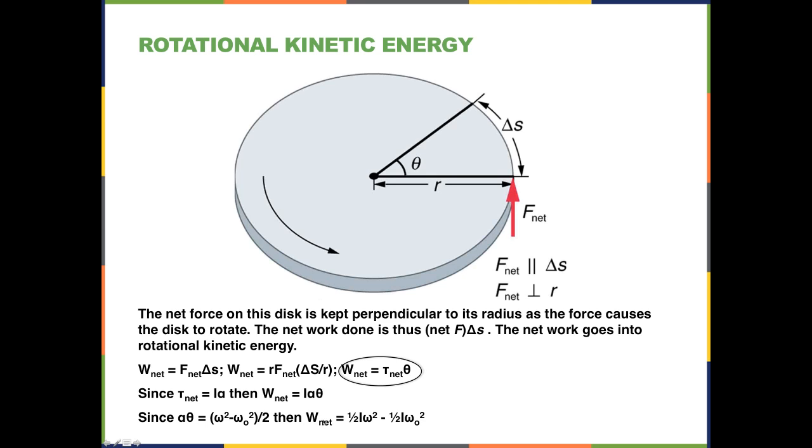Then you end up with work net is equal to one half I omega squared final minus one half I omega naught squared. So this looks very much like our translational kinetic energy equation that we used before in the work net equation. So that is also an equation we want to keep on hand to work some problems.